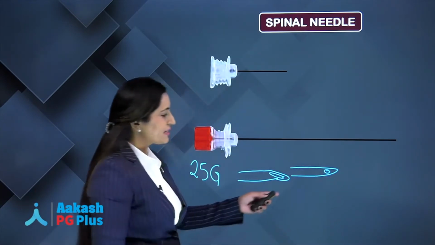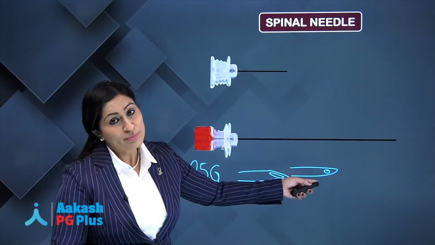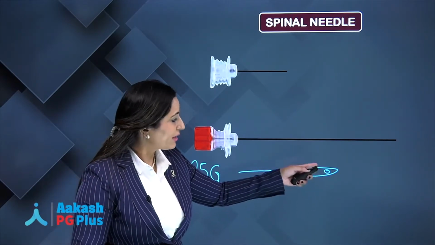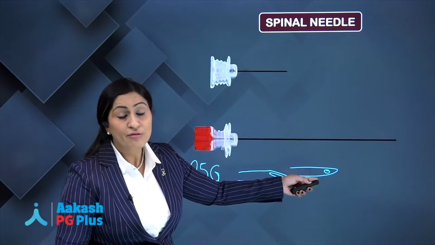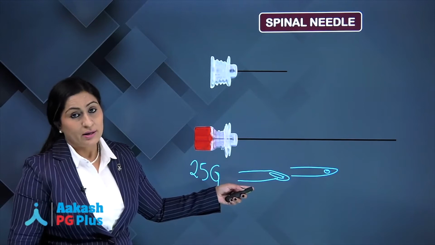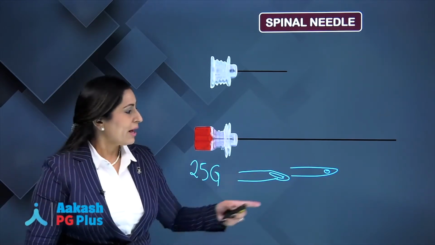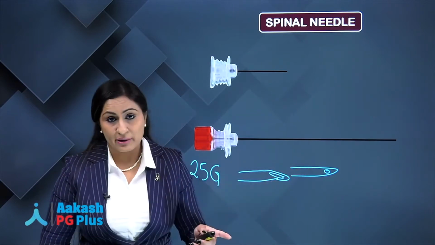They are pencil point needles. They are implicated in less postspinal headache. So it is said that these needles cause less of postspinal headache compared to the Quincke's needle, because Quincke needle is a dura cutting needle and this is a dura separating needle.